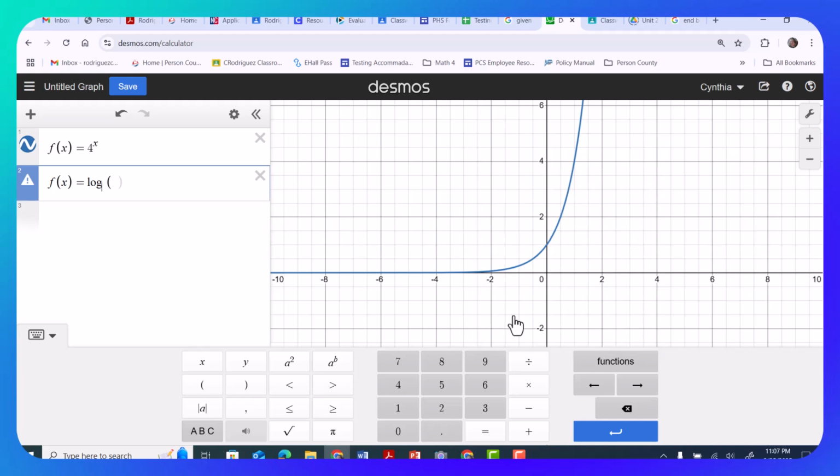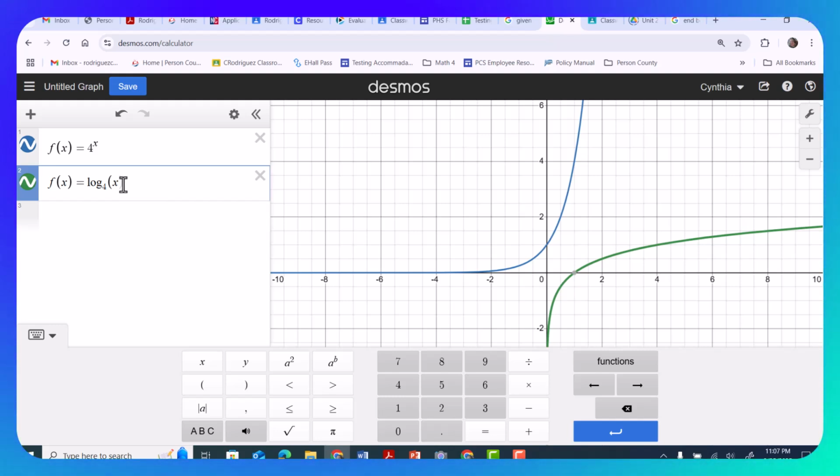There we go. All right, so you can see that's a reflection over y equals x, because those are inverse functions.